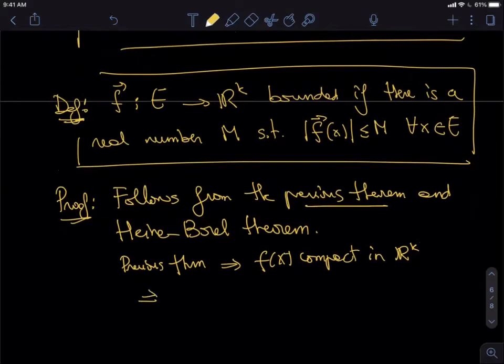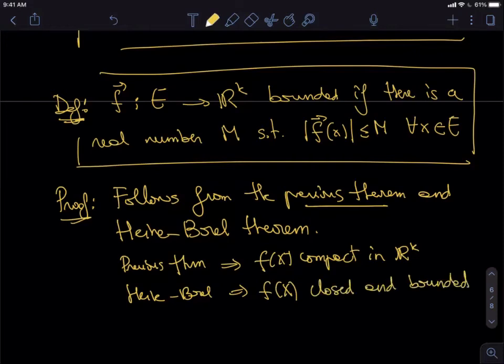and Heine-Borel says that compact in Rk is equivalent to closed and bounded.